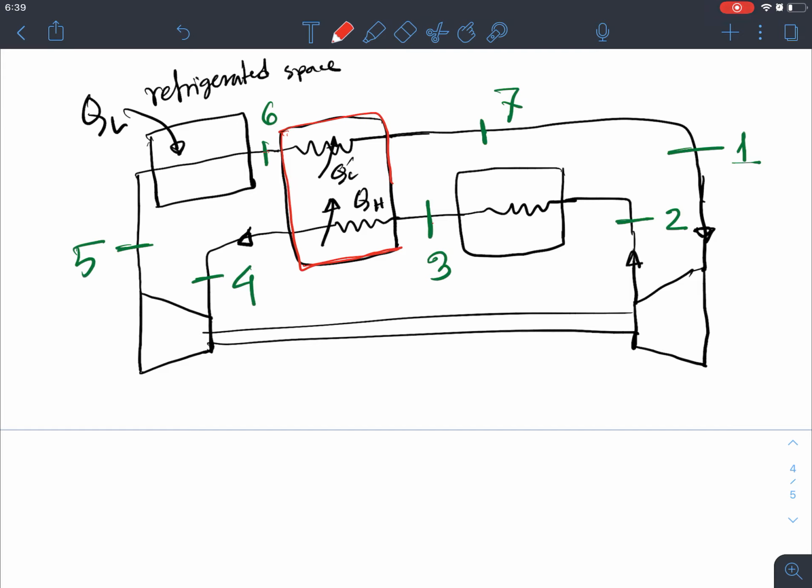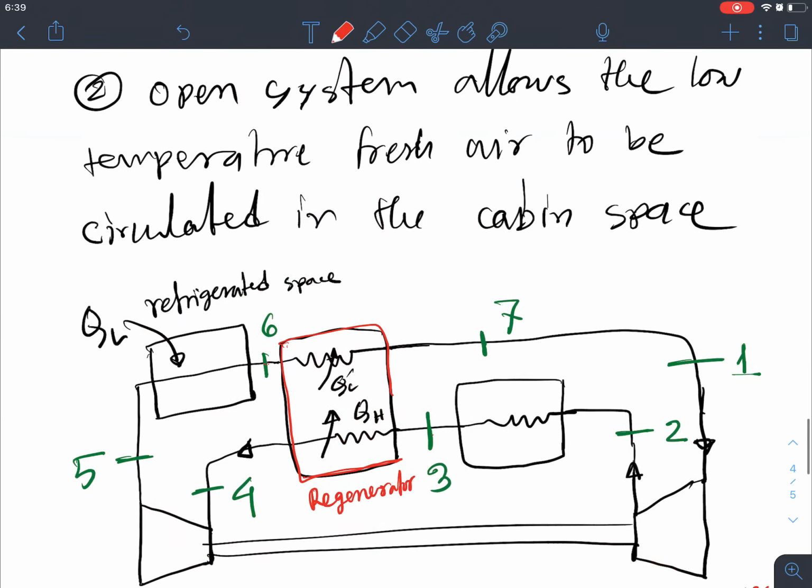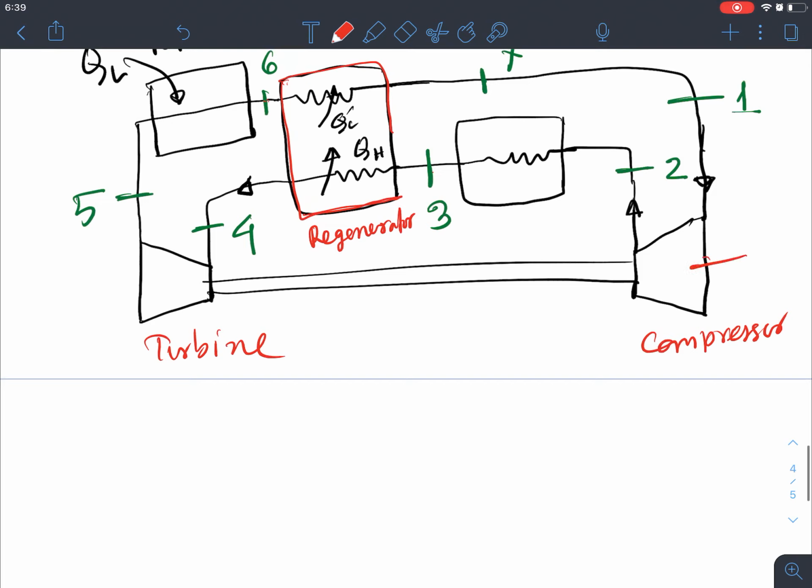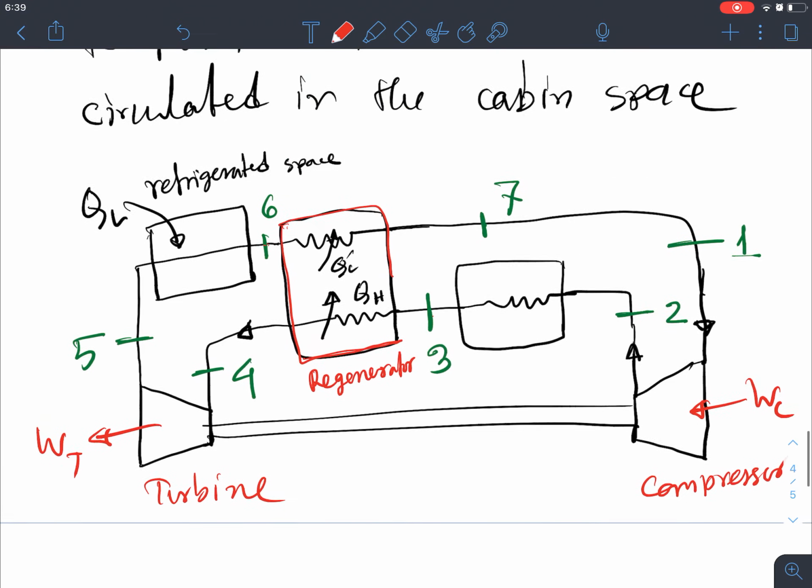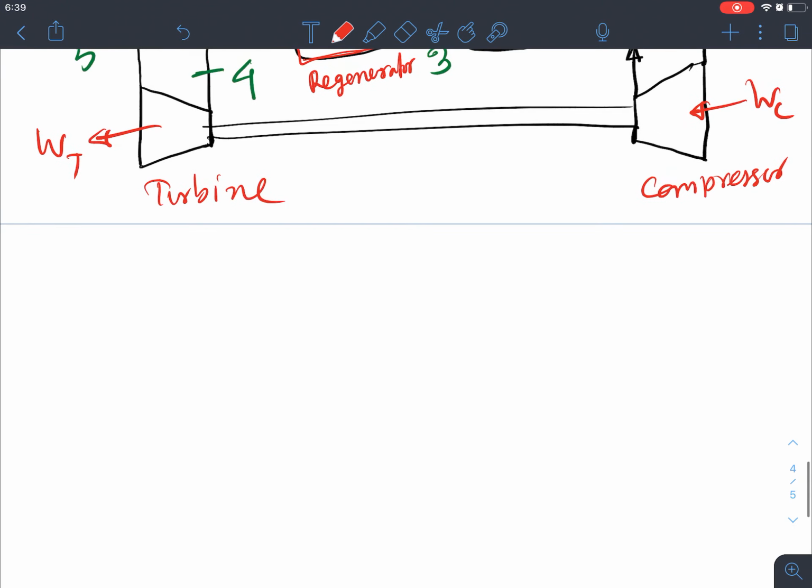So QH and QL prime are basically the same. This is the regenerator system. This is the turbine, and this compressor is consuming some work, and this is producing some work, WC and WT. So that's the regeneration system or regenerator unit.